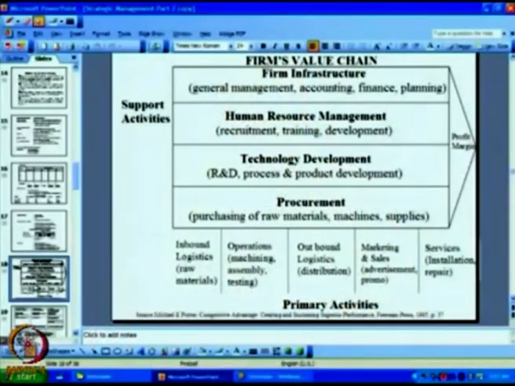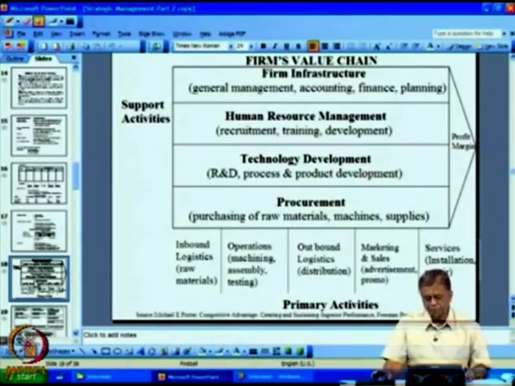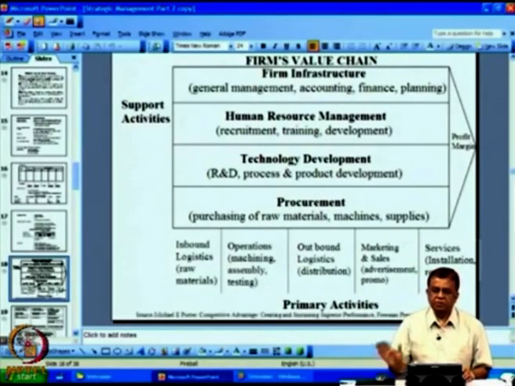In the last class we were discussing the firm's value chain. We discussed the value chain diagram given by Porter. Just to have a brief recap, what is value?